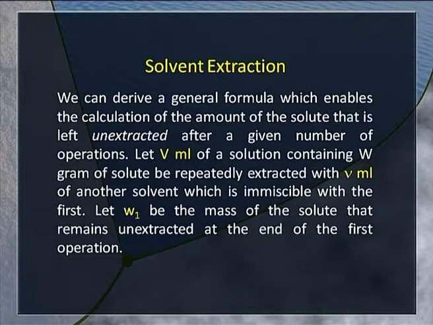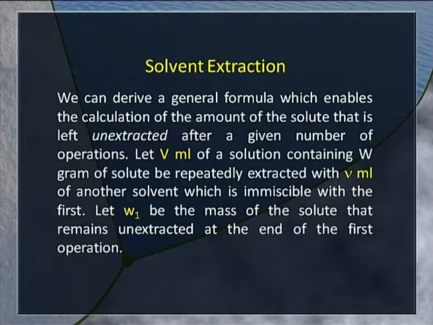Now, it is possible for us to derive a formula which helps us to calculate and improve the efficiency of extraction. It is a general formula which enables us to do this.